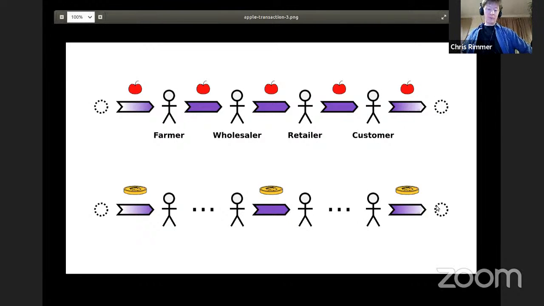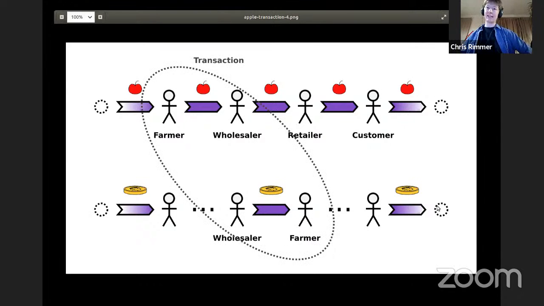Sorry, I want to say at this point, we're talking about tangible assets. In this case, a precious metal coin. We're not moving on to modern coins that represent something yet. It's just like the apple, just the chain of owners is much longer because it's not perishable. What I'm going to show here is why the farmer gives the wholesaler an apple, and the answer is there's a transaction involved.